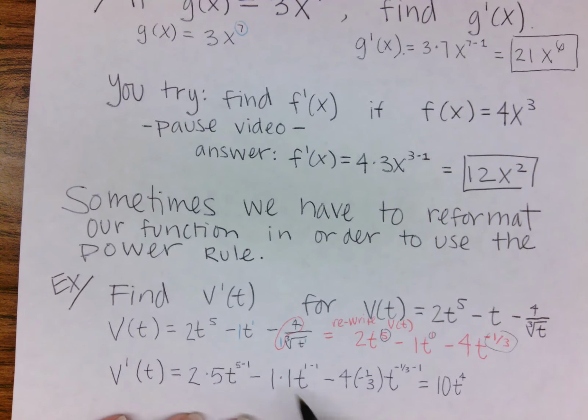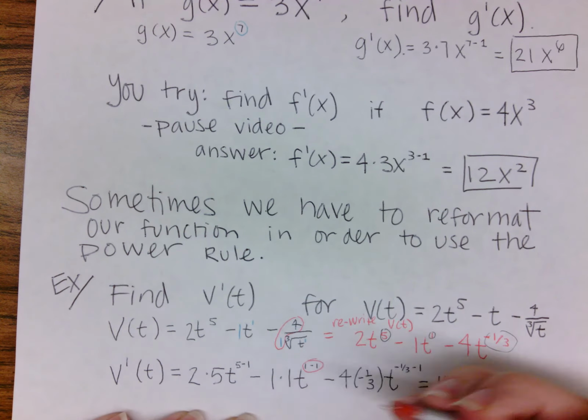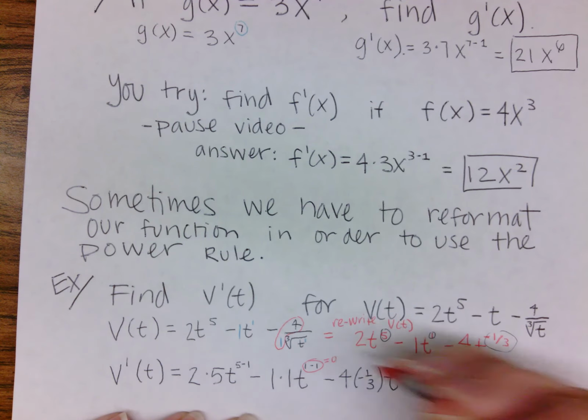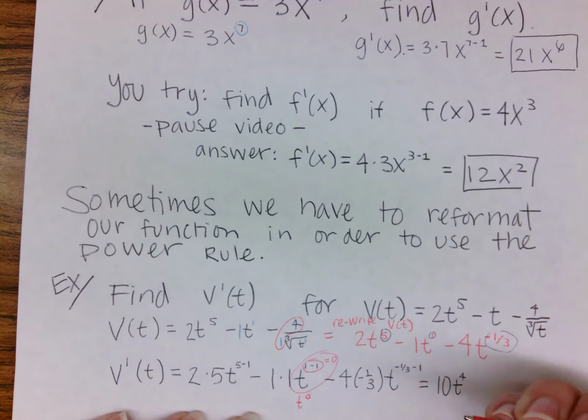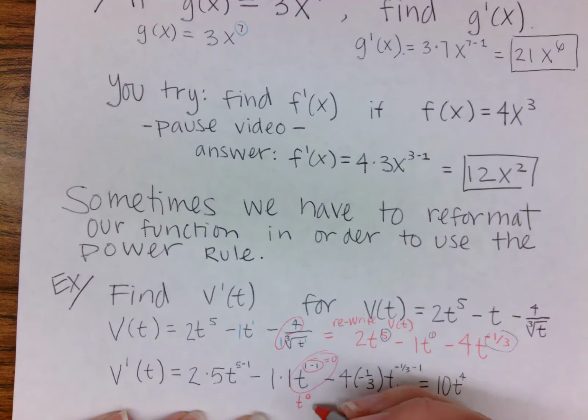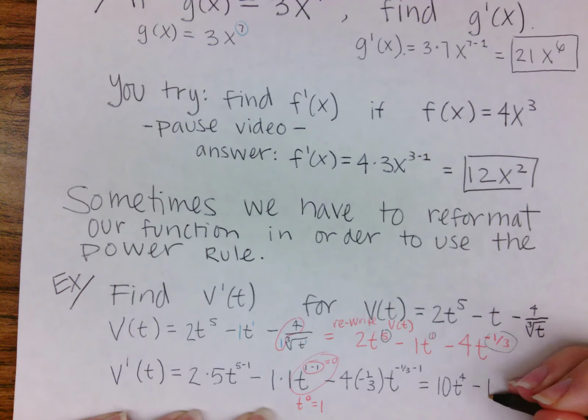Minus, now 1 times 1 is 1, but 1 minus 1, that's 0. And t to the power of 0, just like anything to the power of 0, equals 1, not 0. So I'm going to have 1 times t to the 0, which is 1. So this all comes out to minus 1.